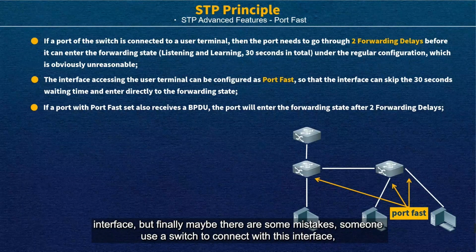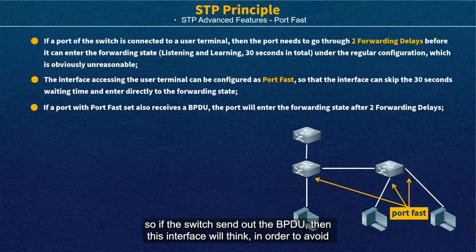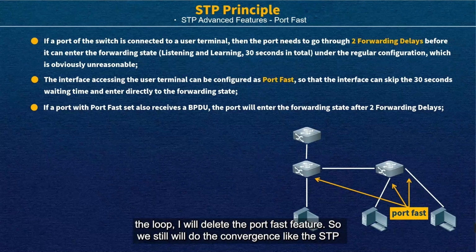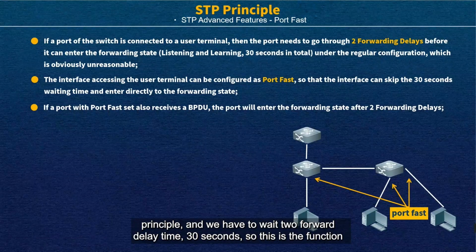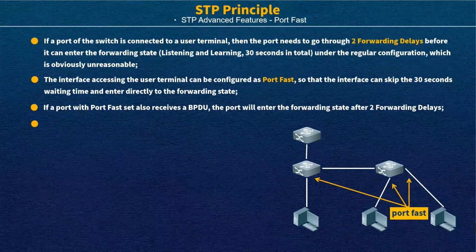But finally, maybe due to some mistake, someone used a switch to connect with this interface. So if the switch sends out a BPDU, then this interface will sync. In order to avoid the loop, it will delete the port fast feature. So we still will do the convergence like the STP principle, and we have to wait 2 forwarding delay times, 30 seconds.